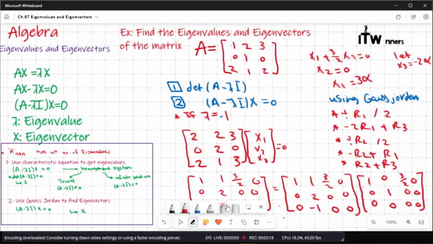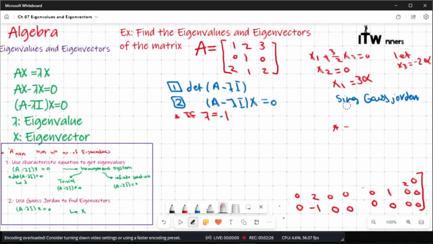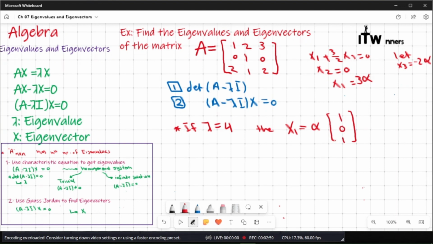So we have here, let me write the last solution. At lambda equal to 4, then x1 equal to alpha into 1, 0, 1.